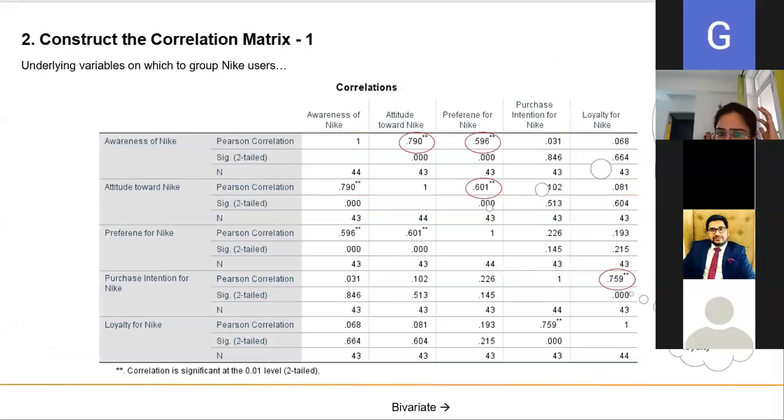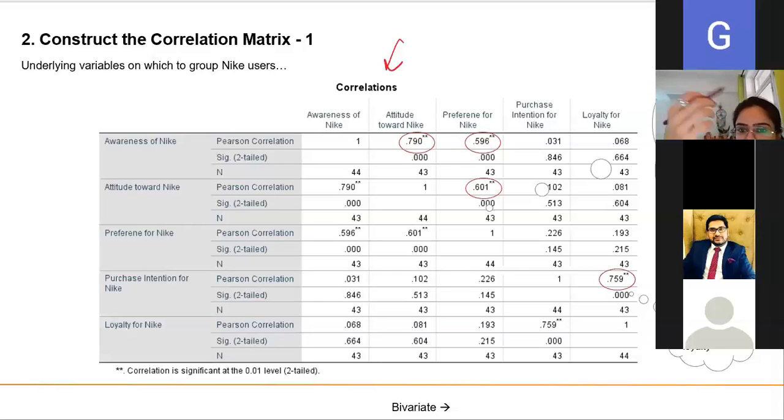Okay, what is correlation? I discussed this correlation. You'll use this correlation table in multiple regression also. You'll use it in factor analysis also.